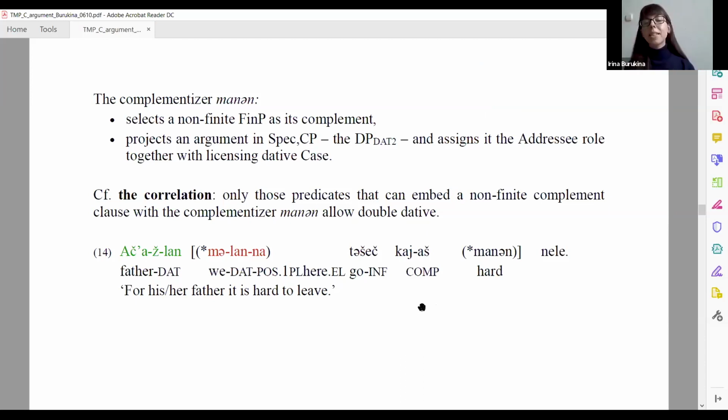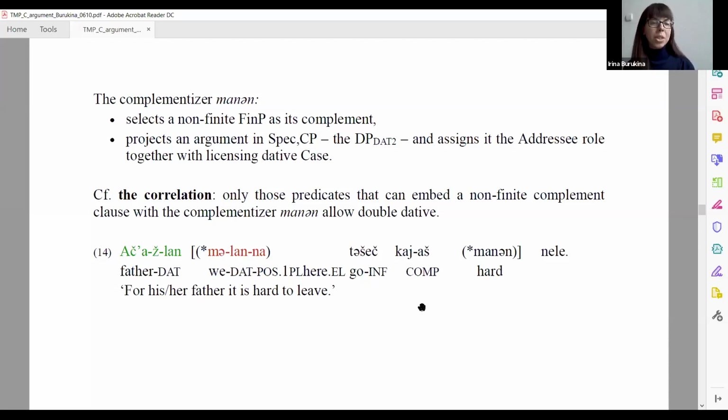So we have predicates like nele, and modals, which also embed non-finite clauses. They also have dative dependents, but they cannot embed a non-finite clause with the complementizer manen, and they do not allow two dative dependents simultaneously. So we have this nice correlation. We see manen, we can have two datives. We don't see manen, we can't have two datives.